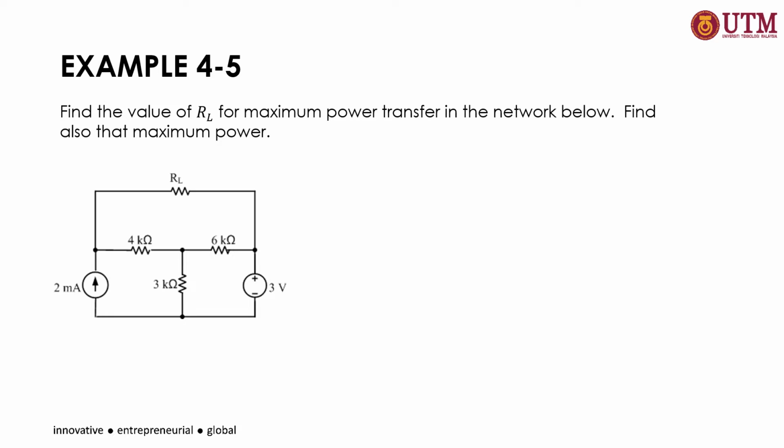This is example 4.5. Find the value of RL for maximum power transfer in the network below. Find also the maximum power. So we want to find the maximum power at this RL. For the first step, we need to remove our RL and then we redraw the circuit.